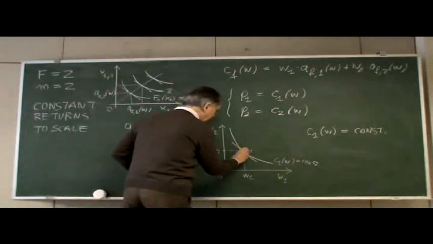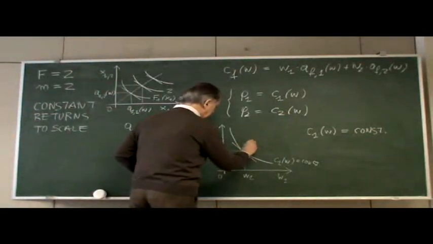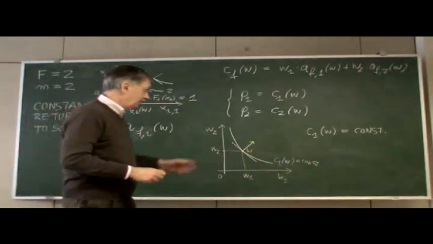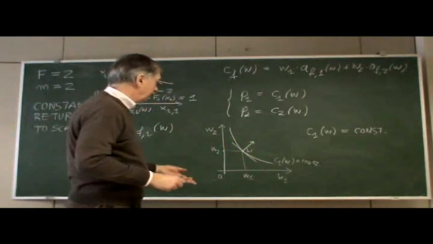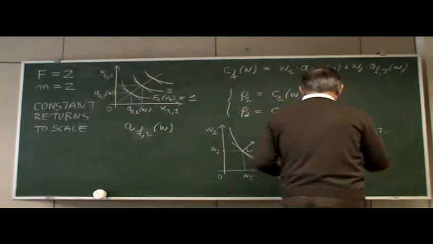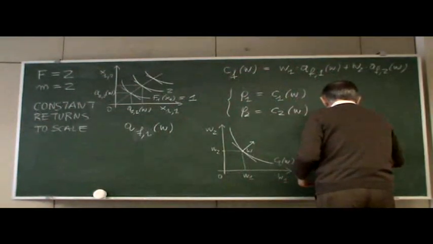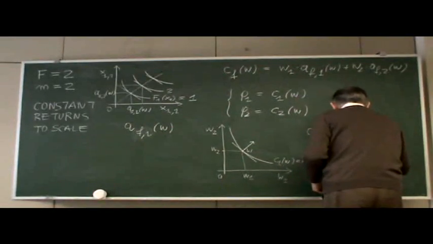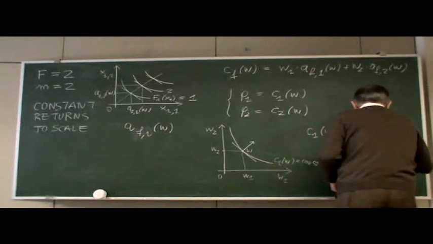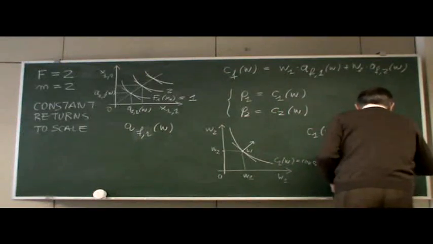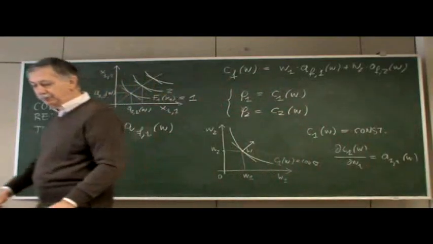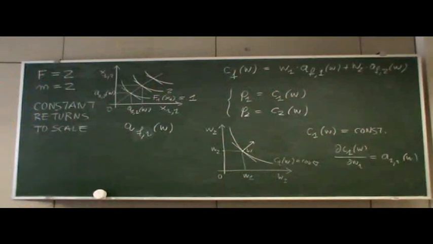It is a vector which is orthogonal to this tangent. This is a consequence of the fact that the partial derivative of the cost function with respect to any factor price is equal to the optimal quantity of that factor in order to produce 1 unit of good.